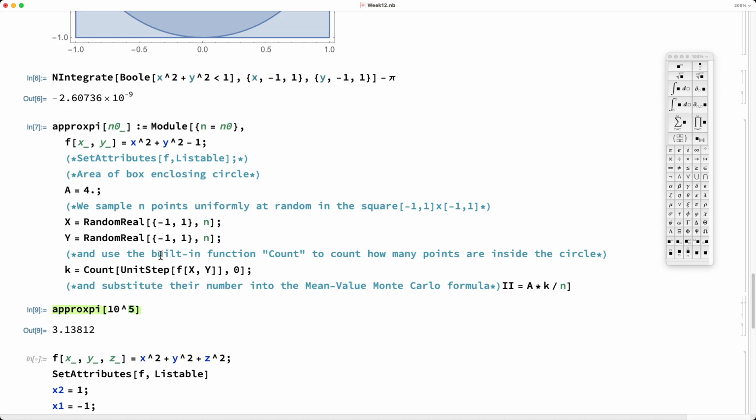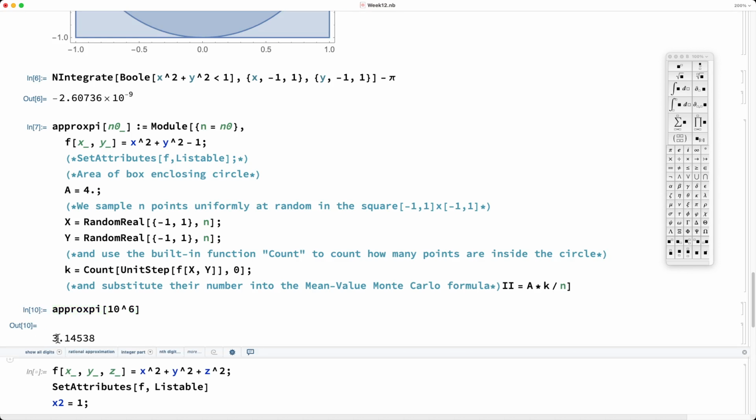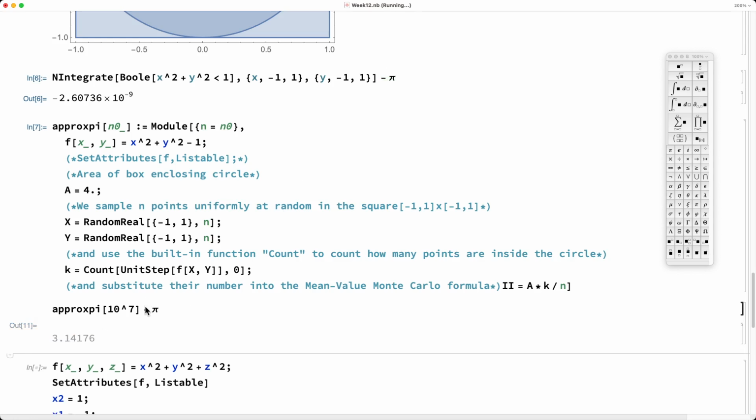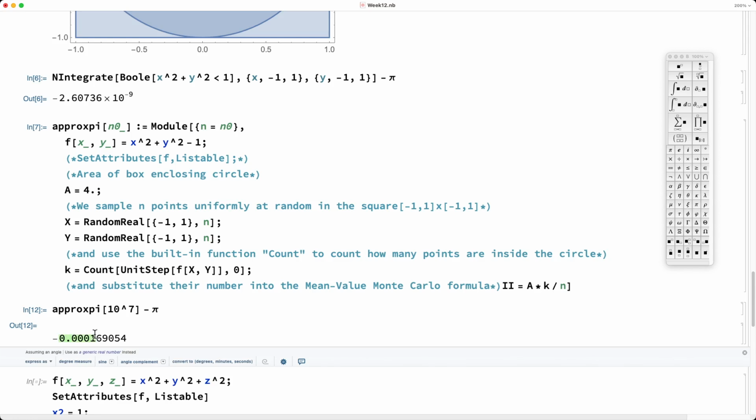We can try 1,000,000 samples, and now we start to get higher accuracy. 10 million samples, a bit higher accuracy, and we can subtract the value of pi to see how many digits of accuracy we get. So we get about 3 digits of accuracy.